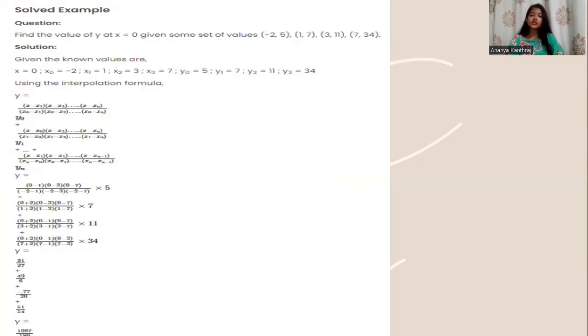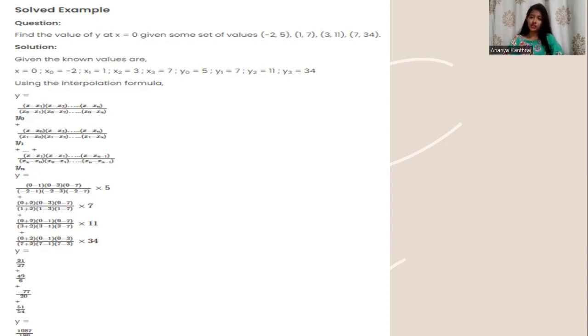So let us look into a solved example. The question states: find the value of y at x equal to 0, given the set of values (minus 2, 5), (1, 7), (3, 11), (7, 34).